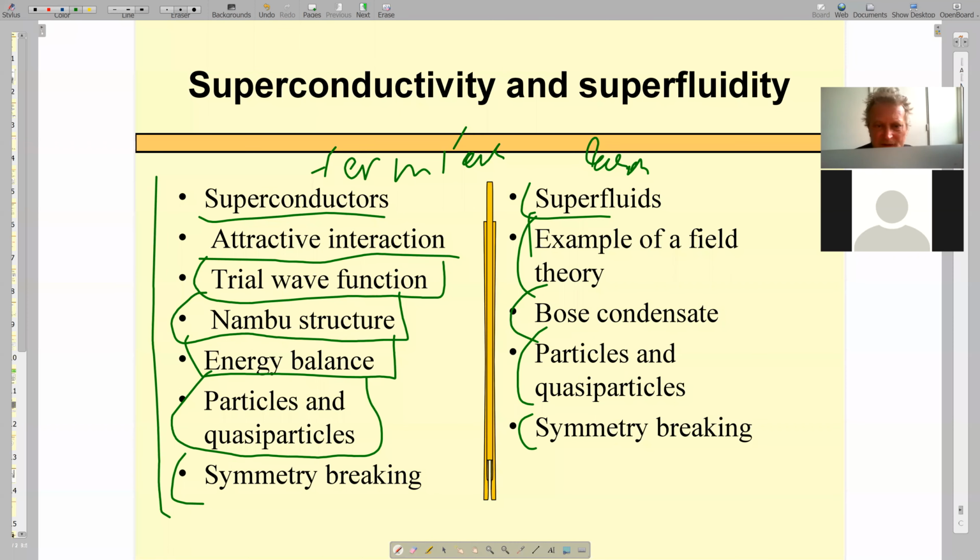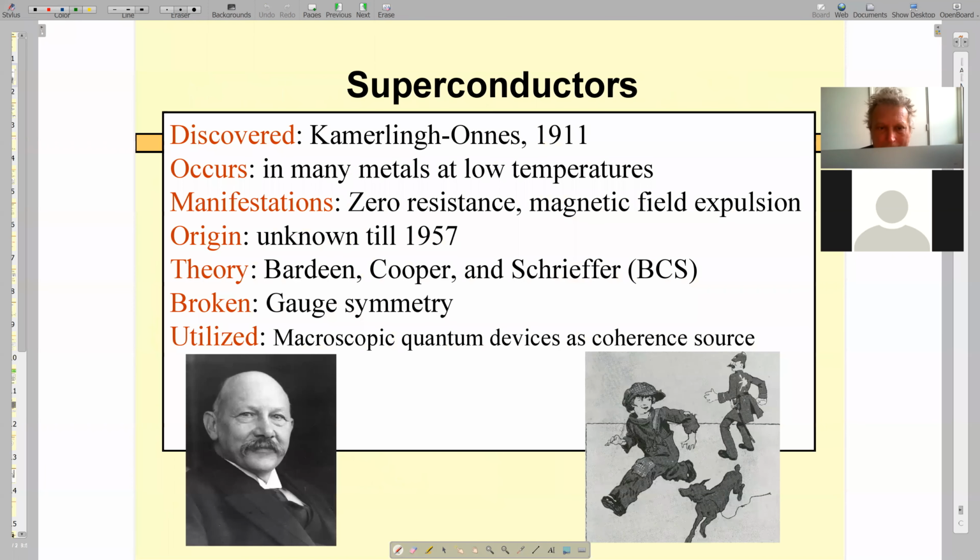Fine. Okay, let's go to physics. Let's first talk about superconductivity, and that was discovered in the Netherlands, unfortunately not in Delft. It was discovered in Leiden, more than 100 years ago. And it is a bit of an interesting story, which I love, how precisely it was discovered.